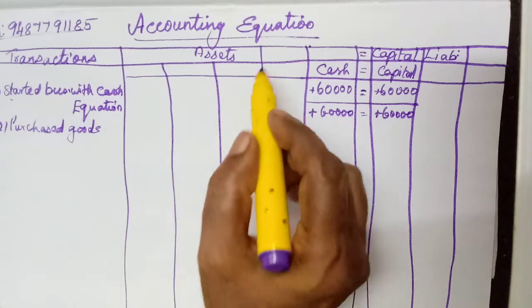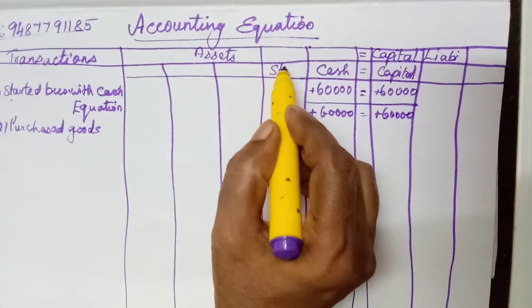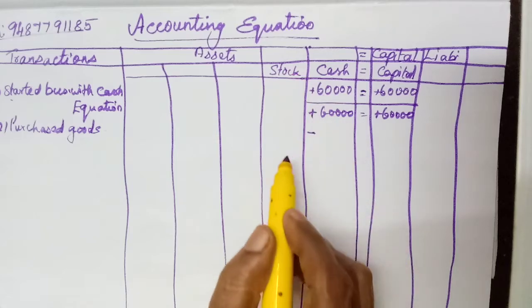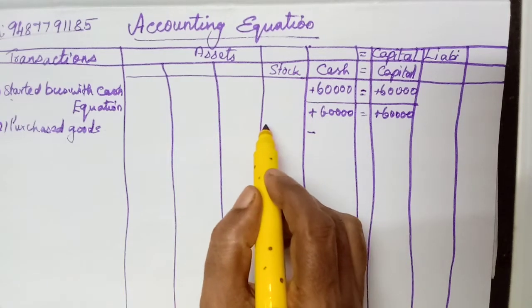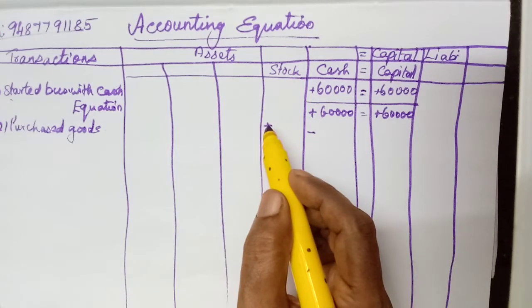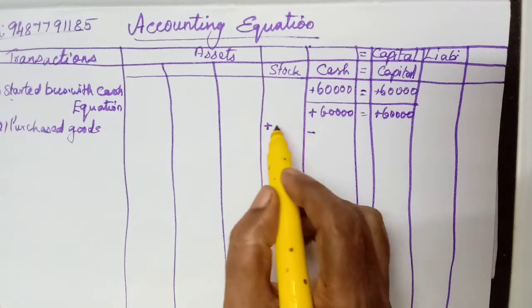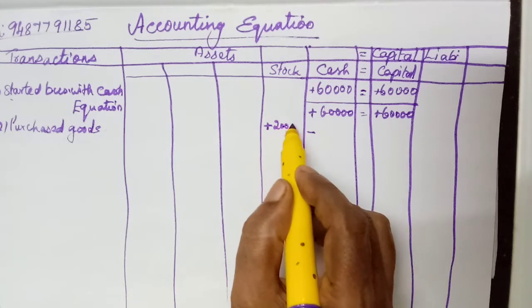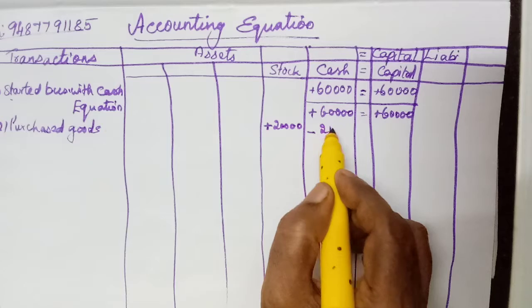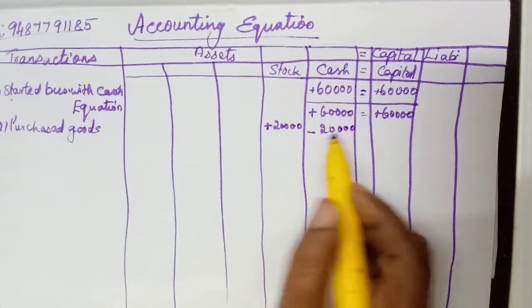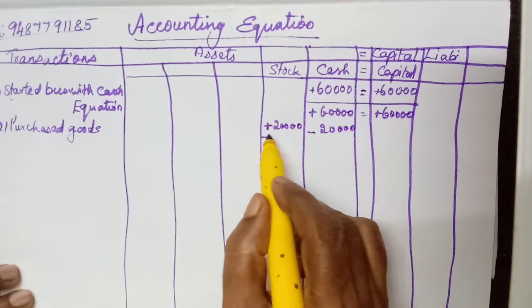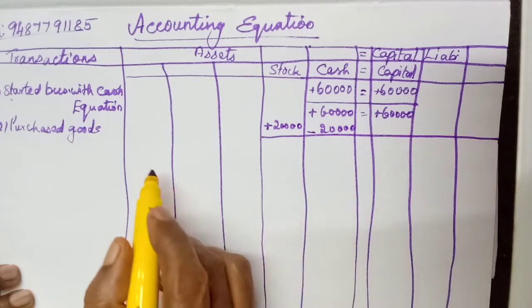Goods, which is called stock. I told you we should not write goods. Stock will increase. How much is the amount? 20,000. So write 20,000 here it increases, here 20,000 it decreases. Now we should write the equation.